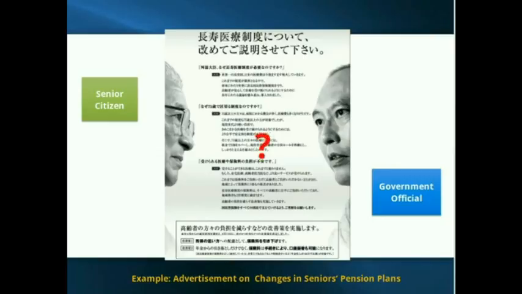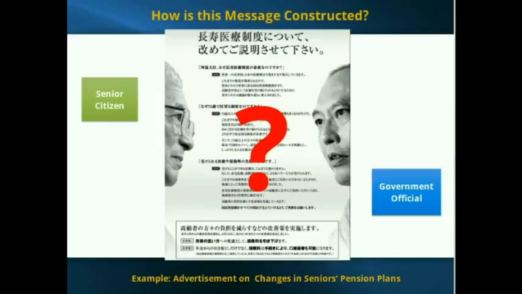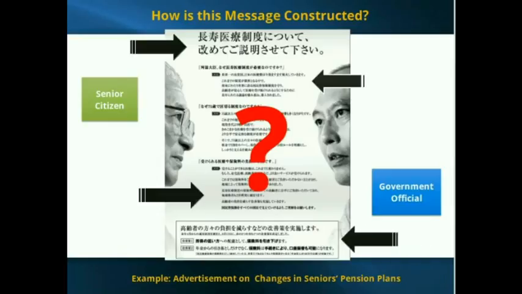But if you think about it, how is this message constructed? It doesn't really matter whether you know the language or not. Just look at how the text is organized, where the photographs are placed, where in the photographs they are looking, at each other or away from each other.